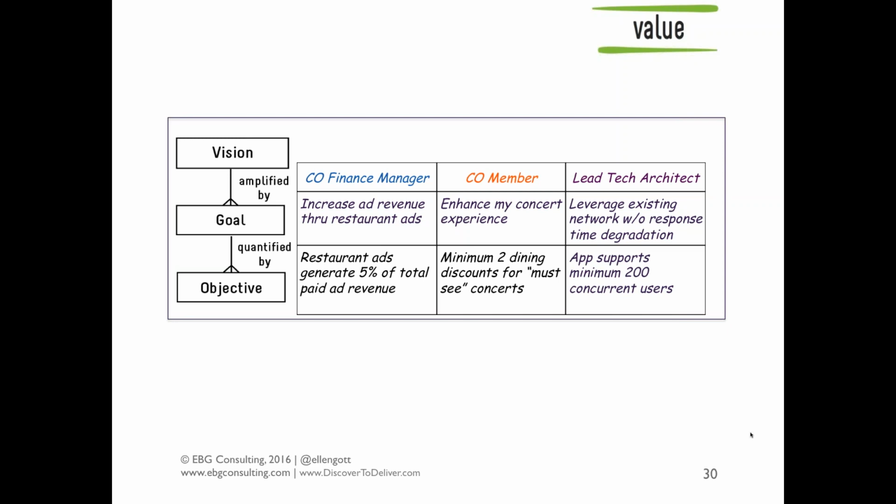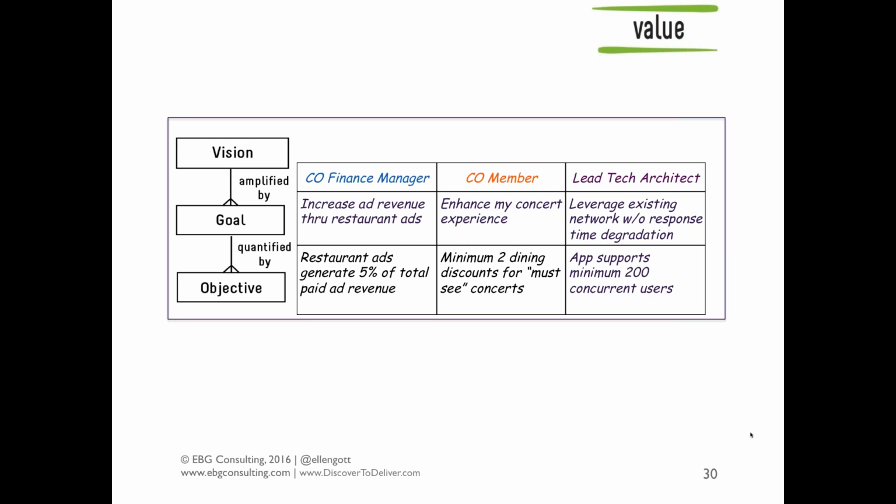So in this example, you can see here that the business partner, the finance manager, wants 5% revenue from ads coming from this restaurant. The members want to get discounts for must-see concerts, and we could count how many times they got those discounts. And the architect wants to be able to support 200 concurrent users.